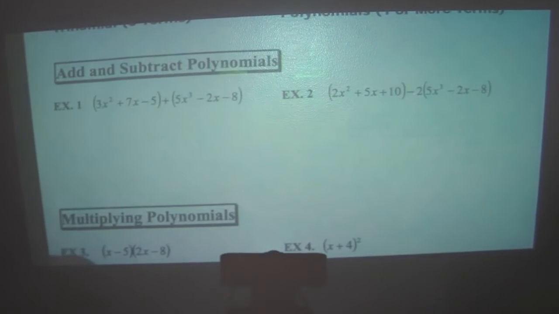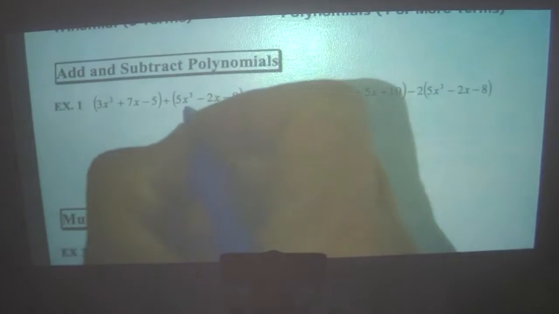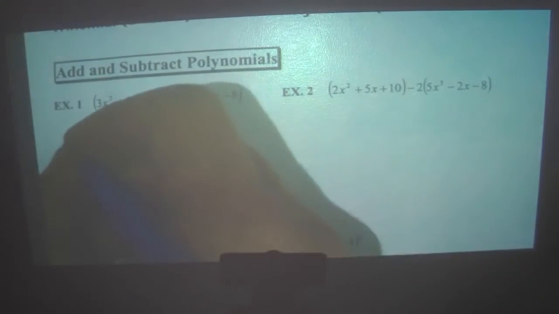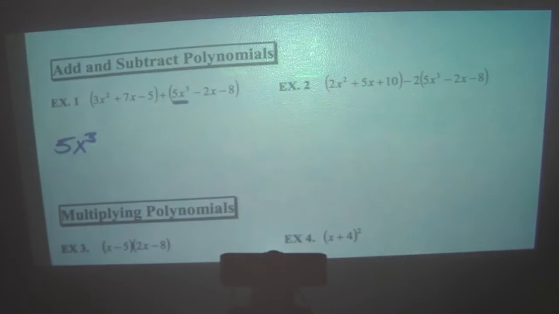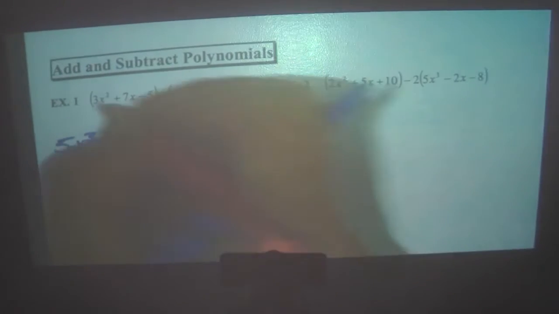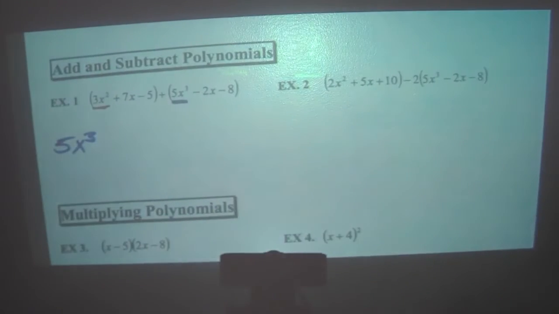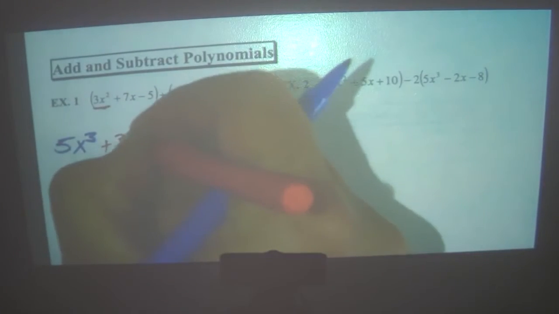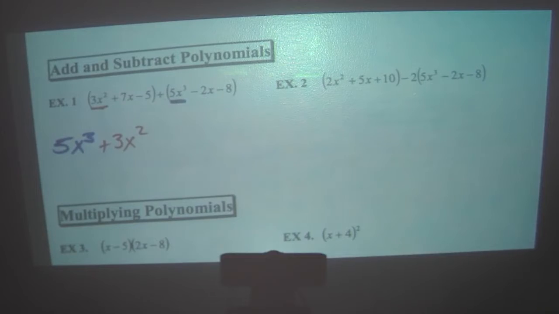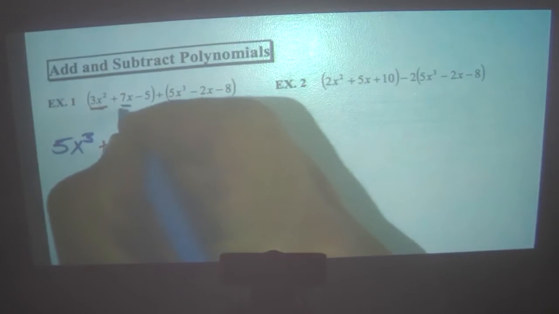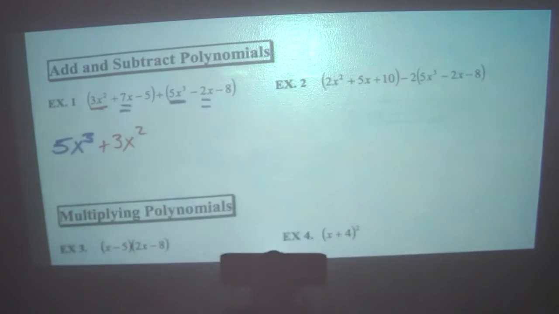And we always write these in descending order. So I take a look. I got a 5x cubed is my first term I write. So I got 5x cubed. And then I look around and I see 3x squared. So I write that one next. There's no other 3x squared, so there's nothing to combine there. And then we do the next one. So now I got 7x and negative 2x.